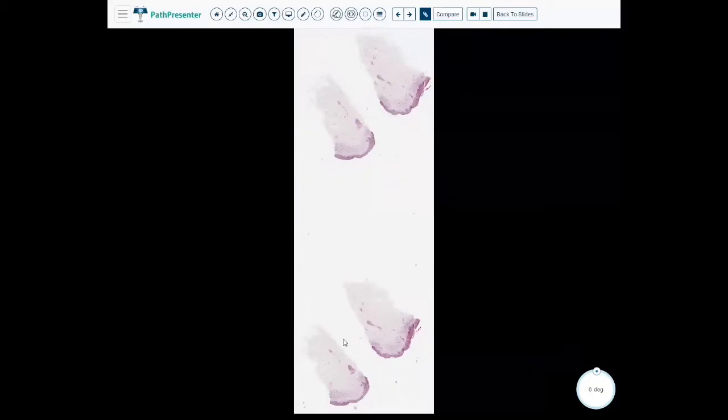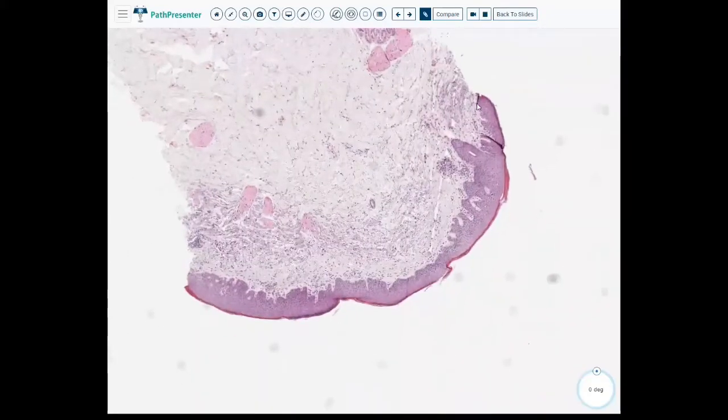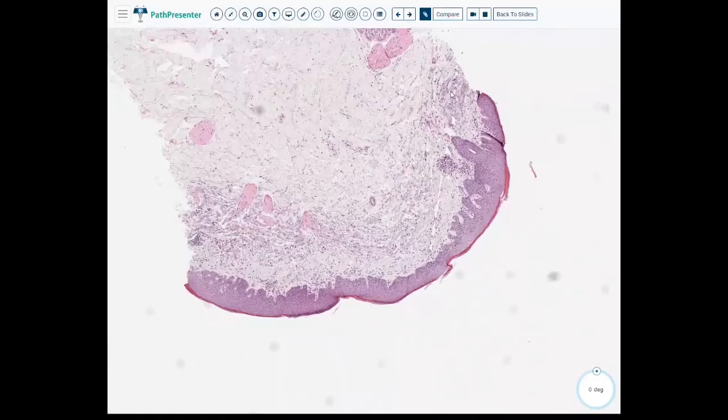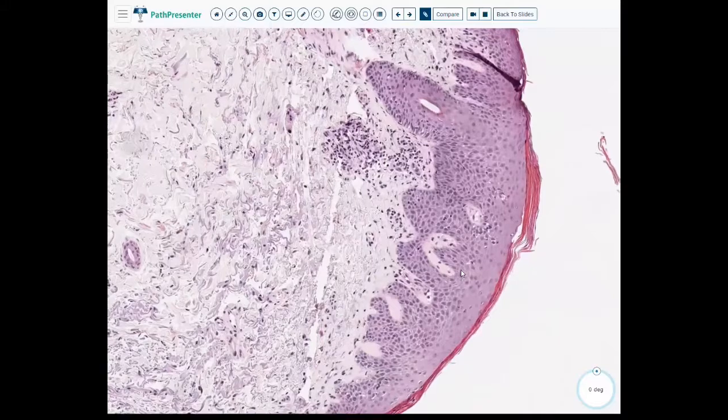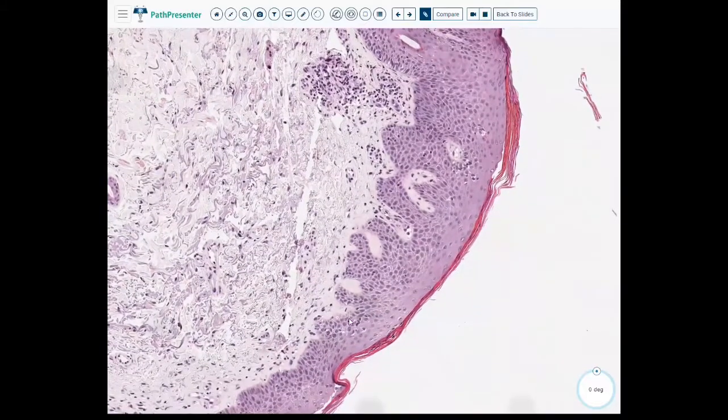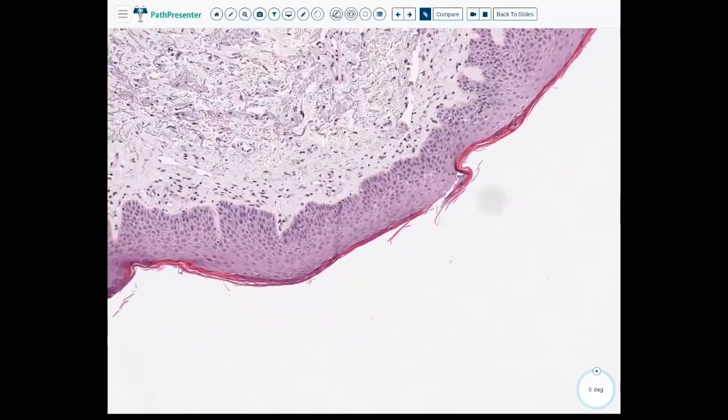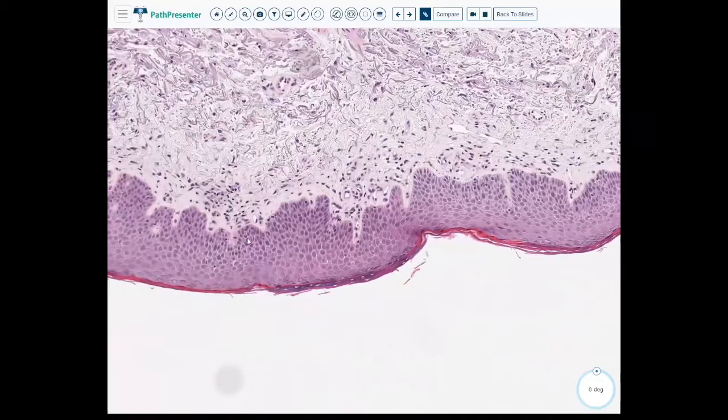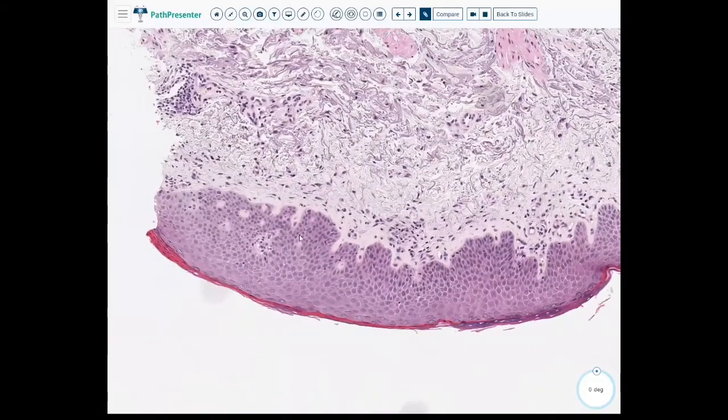Again, we see that these are the same cuts of the same tissue. So we're going to go up here. And we can see, again, there's this superficial dermal thing going on. So let's see what that is. A little bit of acanthosis again. Here's our parakeratosis. And this one does not have those increased melanocytes.